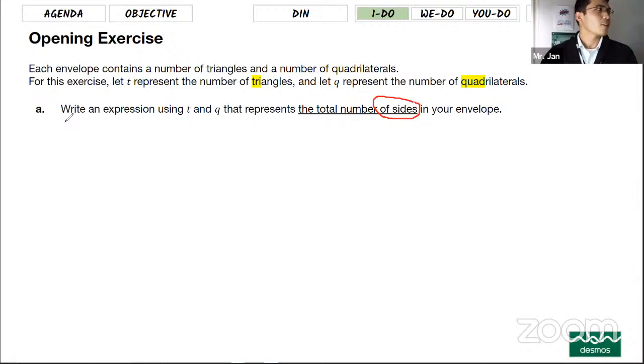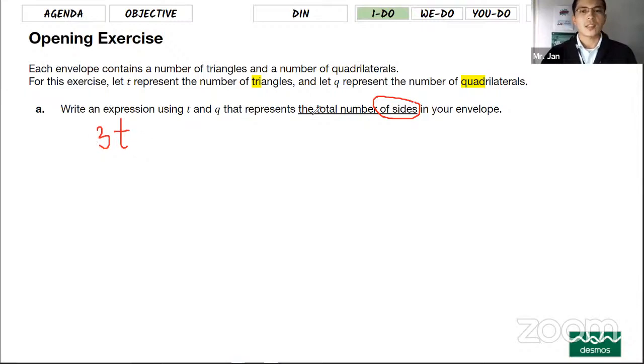Every triangle, awesome, thank you so much, has 3 sides. But do we know how many triangles are in each envelope? Because the description didn't say the number of triangles, we're just going to label it T. If you multiply the number of sides by the number of triangles, you're going to obtain the total number of sides of all of the triangles, right?